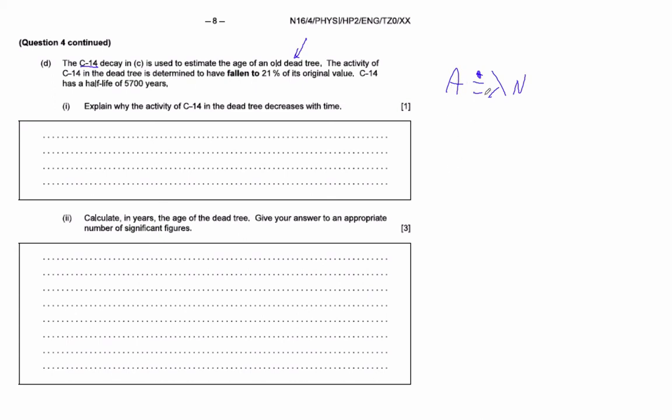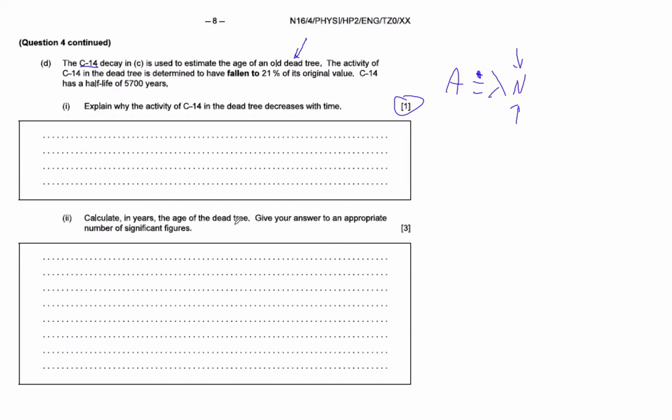Activity is the opposite of the derivative of the number of things you have. But anyway, the activity is proportional to the number of particles you have. As they decay, you have fewer undecayed nuclei, so N goes down, and therefore the activity goes down.